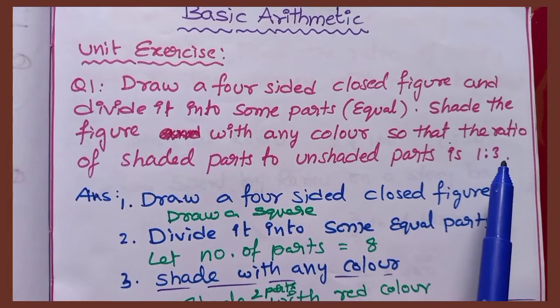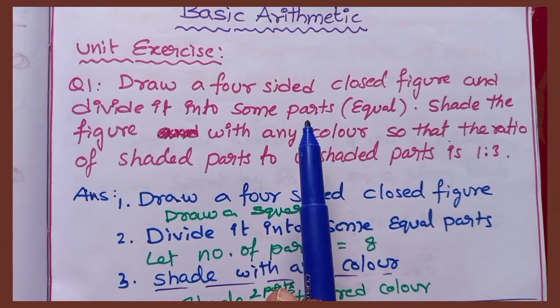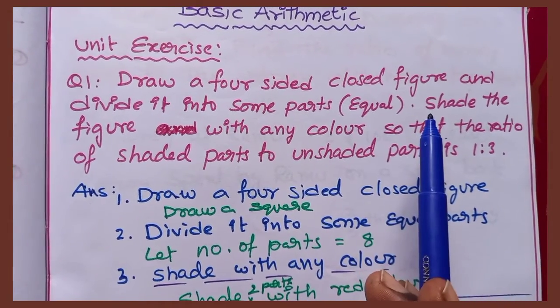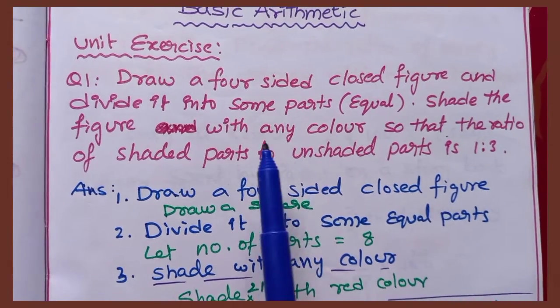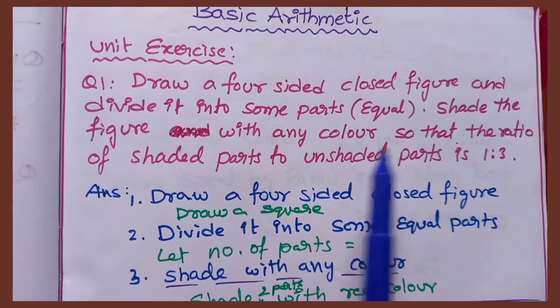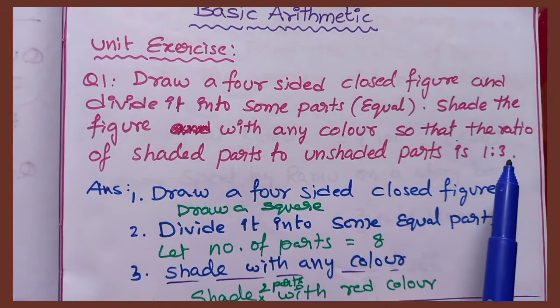That means we have to draw a four-sided closed figure, divide it into equal parts, and shade the figure with any one color. But after shading, the ratio of shaded part to the unshaded part should be 1:3.